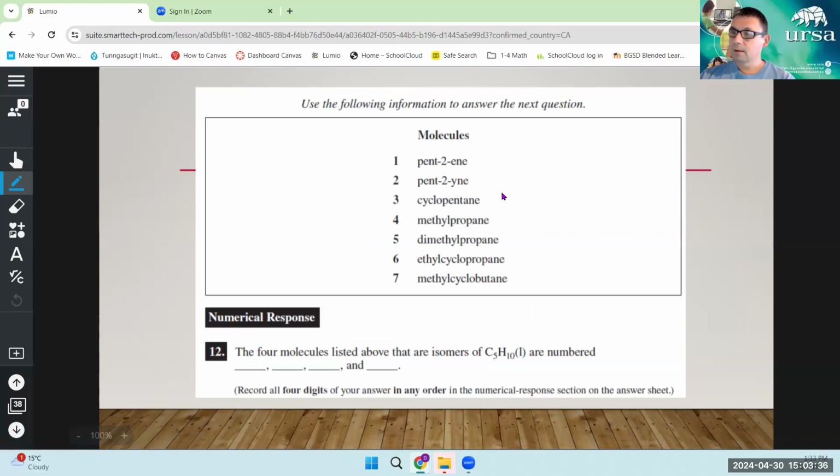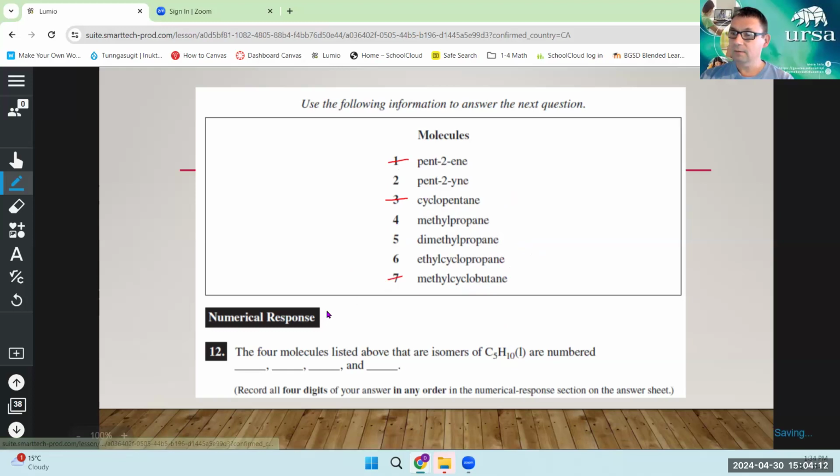How about this one? Which ones are isomers of C5H10? Cyclopentane would be. Pentene would be. Again, notice it's CnH2n. It wouldn't be any of the alkanes except for the one that is a ring compound.